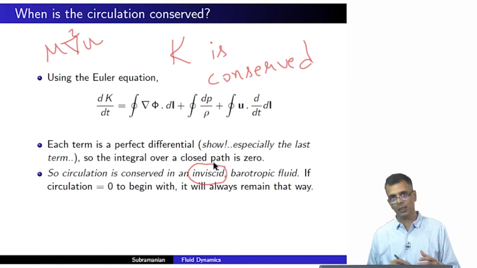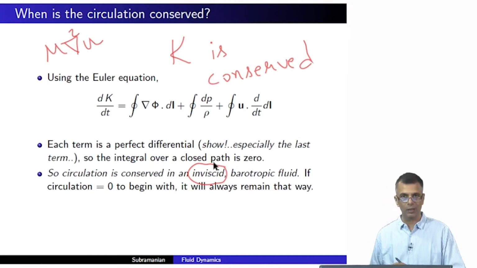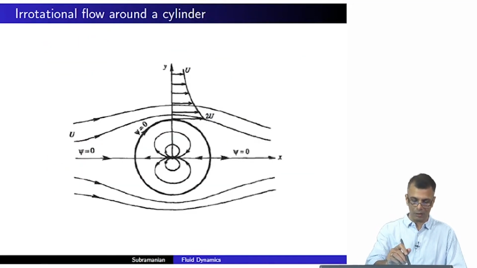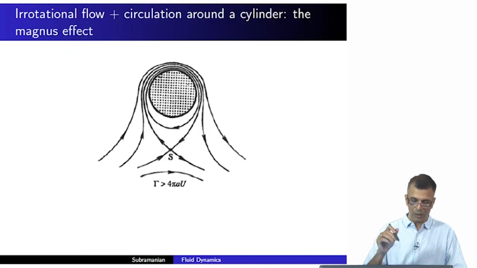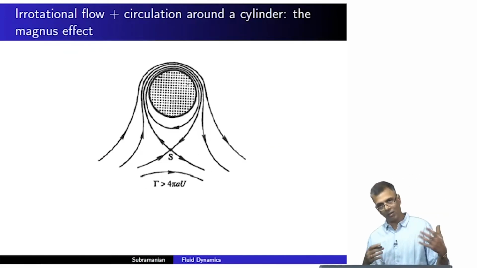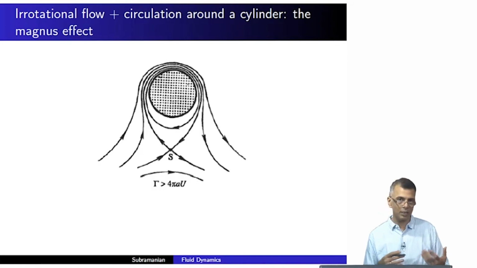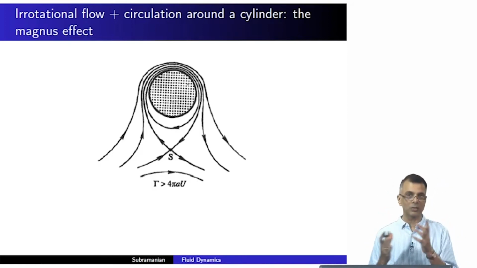That's why vortices can be generated. So this is a very simple explanation to an apparent conundrum, but nonetheless this is the general statement. If vorticity is 0, it will always remain that way. If on the other hand there is some vorticity, it remains that way also.